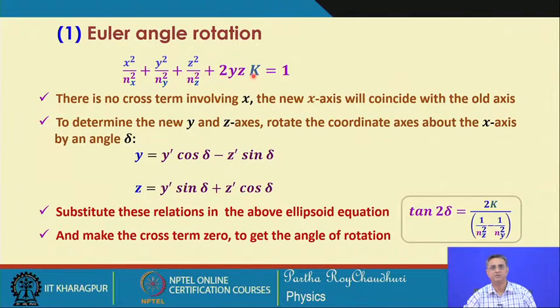If I make this cross term equal to 0, that will give me a condition that will lead to this rotation angle, tan of twice delta is equal to this. We will see this expression from a tutorial discussion, that for any general index ellipsoid of the form a x square plus b y square plus c z square plus d into x y equal to 1, how we can get this relation.